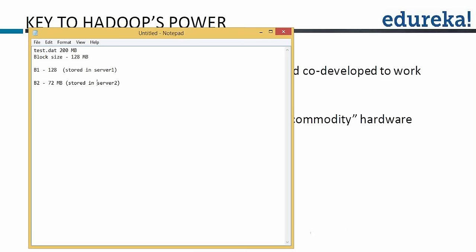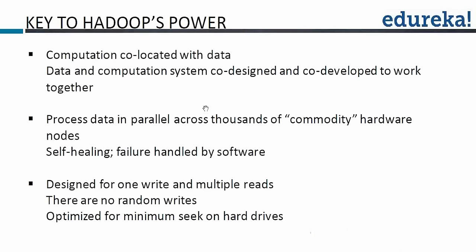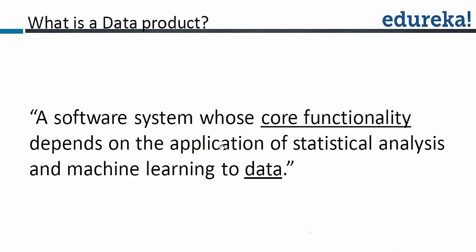Divided into blocks, exactly. So that is the key power of Hadoop. Someone asked, one is the data locality, which is nothing but computation being co-located with the data. And again, processing data in parallel. These two are very, very vital. You need to understand this.